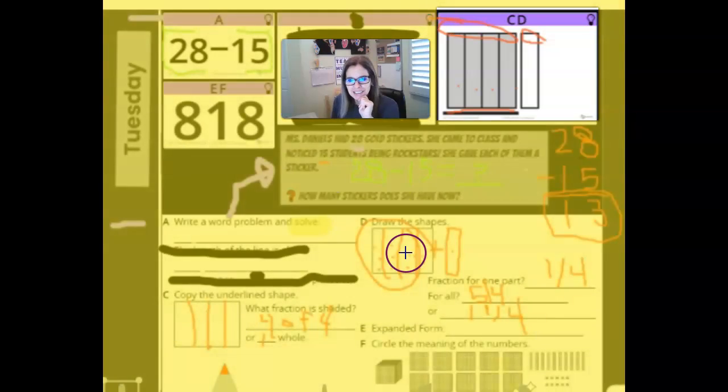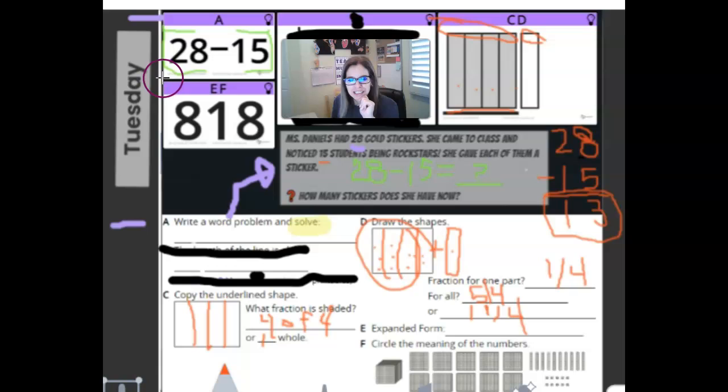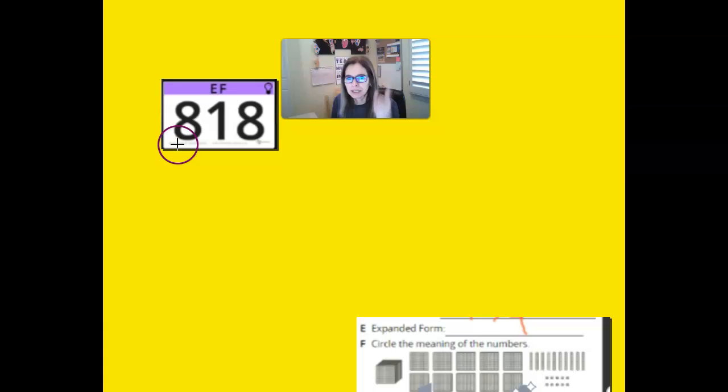Let's move on to E. On E, there's a lot of mess on this screen, but I'm just looking at the EF card here. This is probably the easiest one we have in all of Target Math because we've been working on this the most, I think. I'm going to look for the expanded form of this number. I remember the expanded form is the value of each digit. This 8 is in what place? Hundreds, tens, or ones?